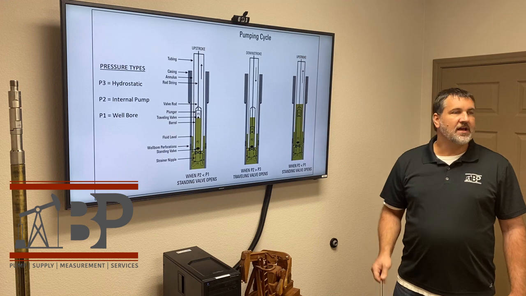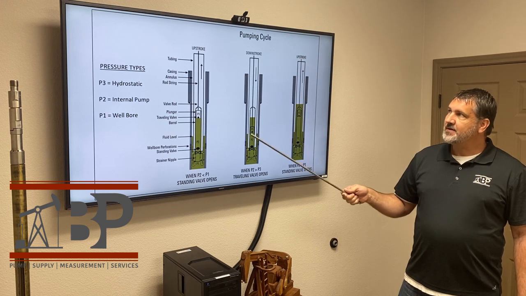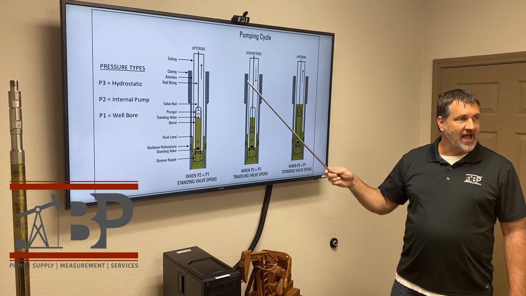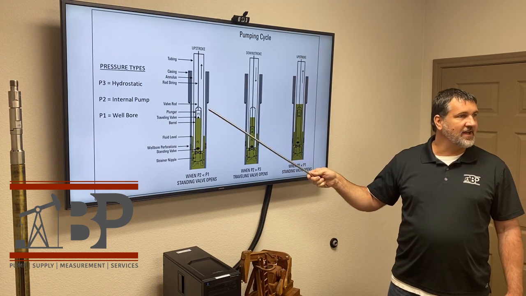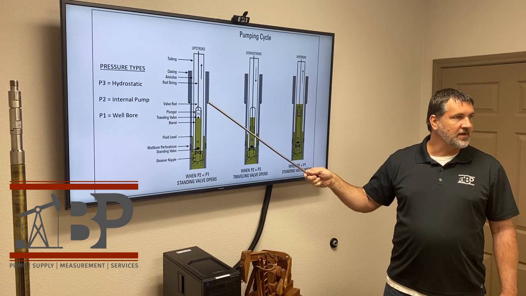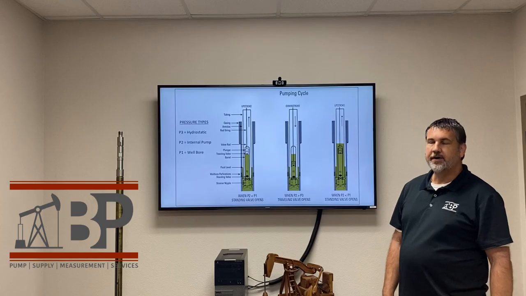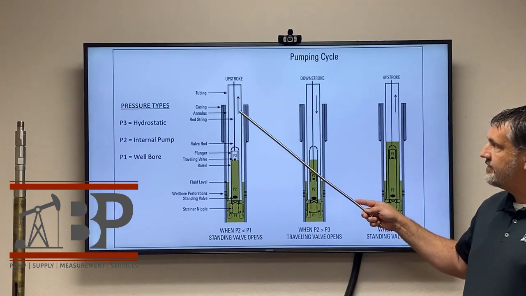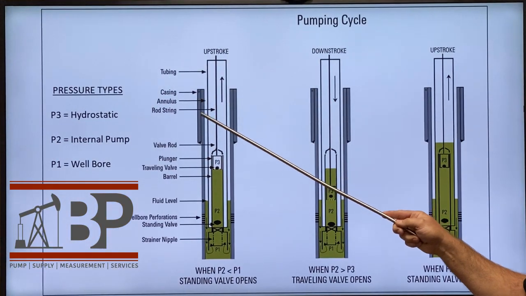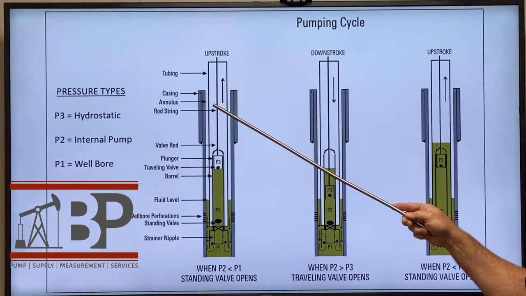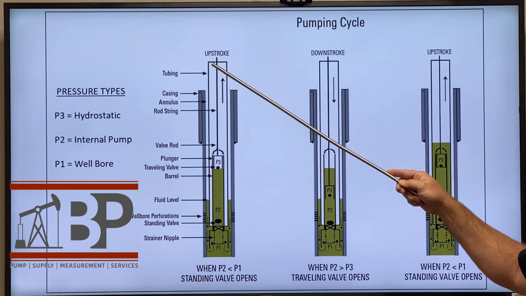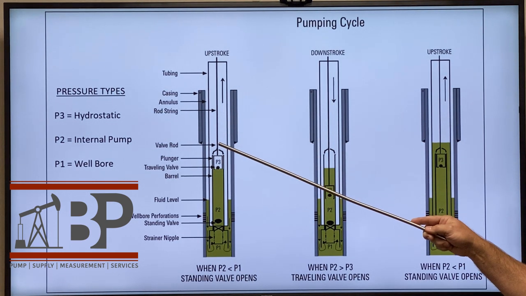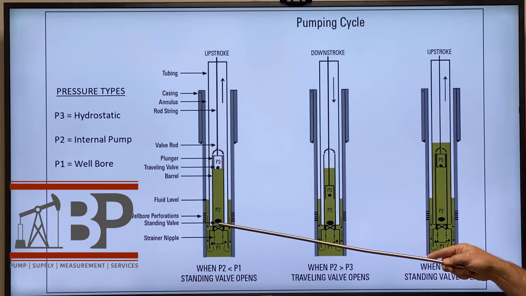Here I have an illustration that will demonstrate the different cycles in the pump and how the different pressures are affected during that operation. You can see that I have represented casing, our casing annulus, the tubing, and then our sucker rod string attached to our pump itself.